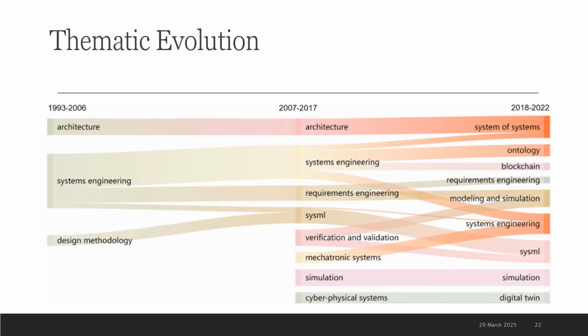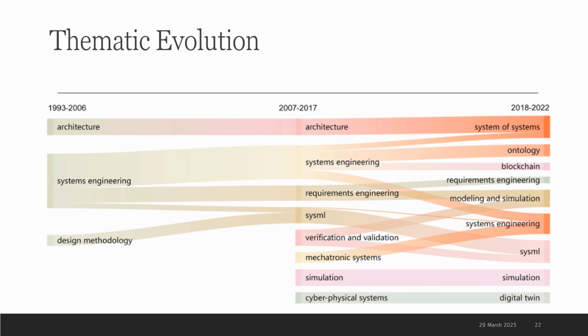This diagram represents the thematic evolution of research topics over time using a temporal network layout. Each time period, 1993 to 2006, 2007 to 2017, and 2018 to 2022, contains key themes with edges connecting related topics across different periods, illustrating their continuity or transformation.